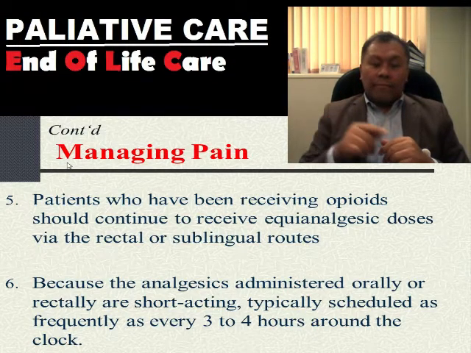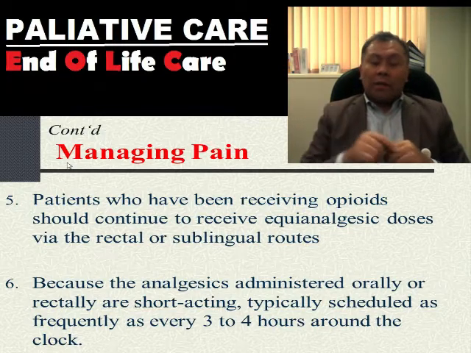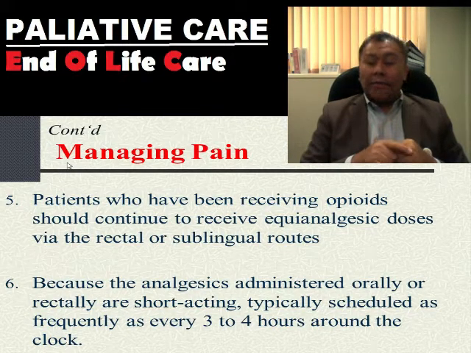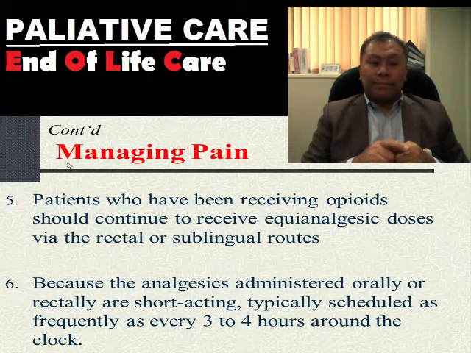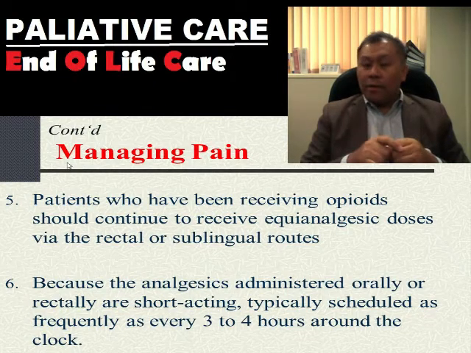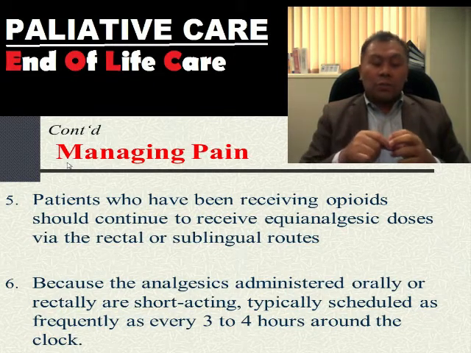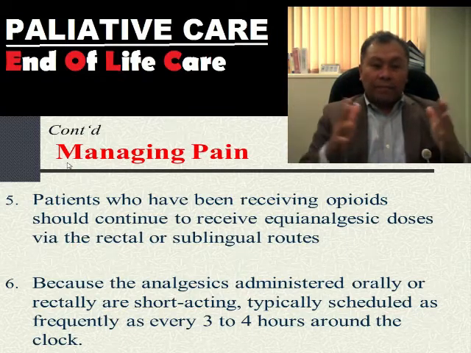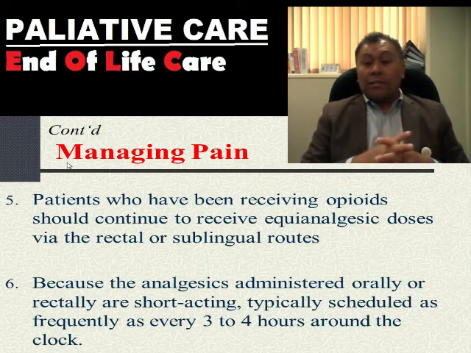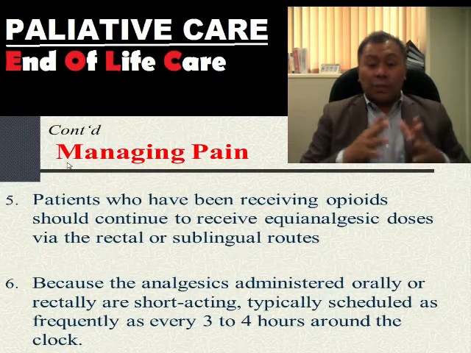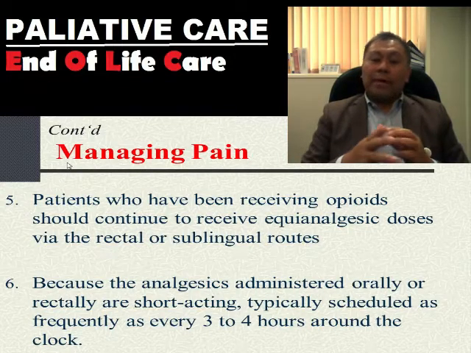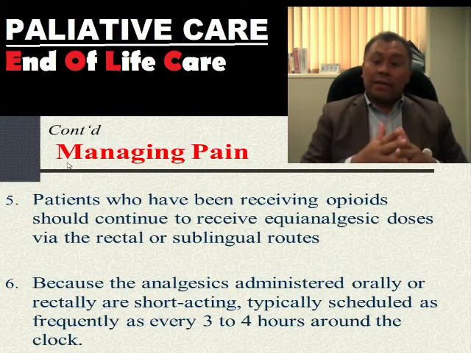Here we are dependent on the pain reliever prescribed by the doctor. As much as possible, we are going to pay attention to this and administer it to our patient. Analgesics administered orally or rectally are short-acting, typically scheduled as frequently as every 3 to 4 hours around the clock.